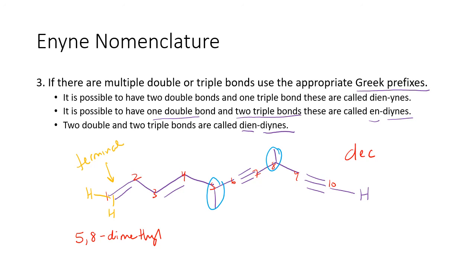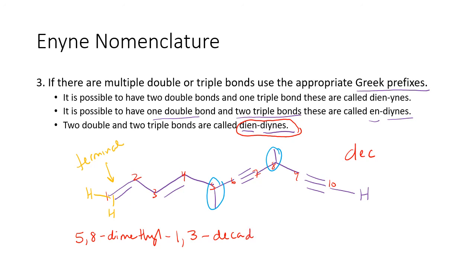So now we want to put the positions of our double bonds first. So after our 5,8-dimethyl, we have hyphen, we have a double bond at 1, and we have a double bond at 3. So 1,3-deca, the deca tells us 10 carbons, and that a is just kind of thrown in there as a way to say it easier. And so this is the example of the di-en di-ynes because we have 2 double bonds, 2 triple bonds.